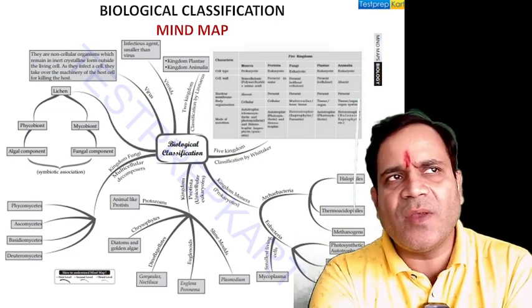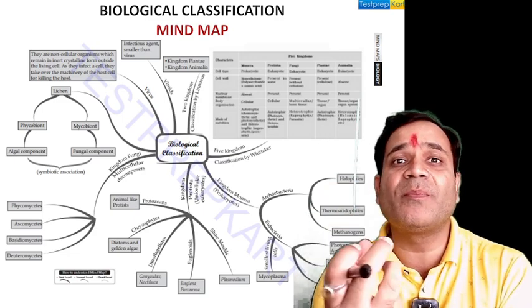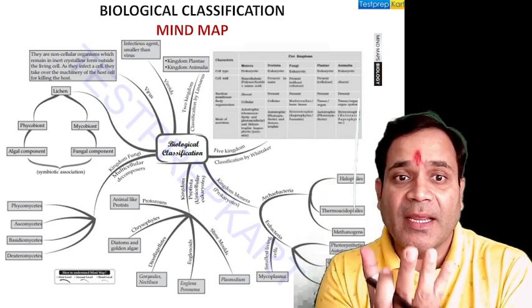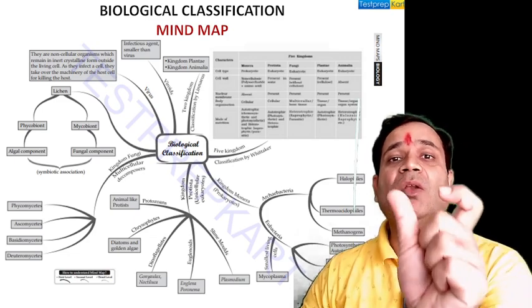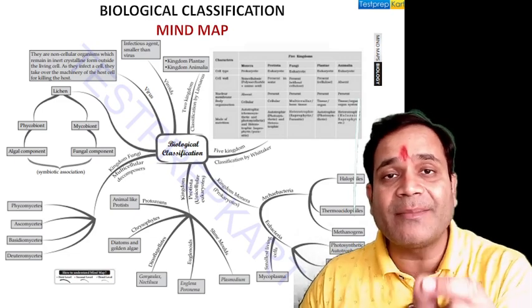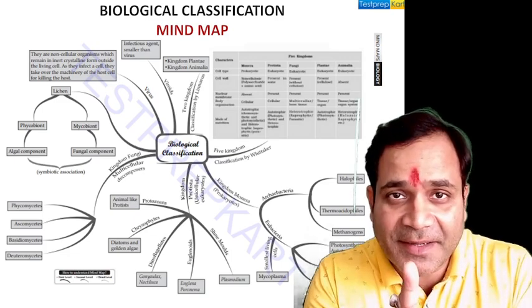If we have to make a mind map, we first have to focus on which topic we are giving it for. Which topic is there? Yes, that is biological classification, and this is the second chapter of class 11th, first unit, my dear. Am I right?